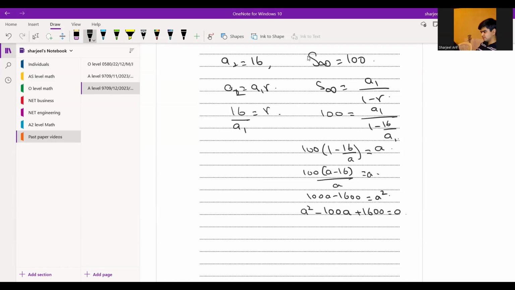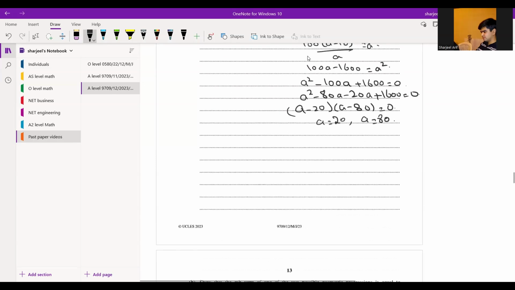Then we will make the factors, that would be 80 and 20. So this will become (a minus 20) into (a minus 80) equal to 0. So the first term could be 20 or the first term could be 80. So these are the two values of a.